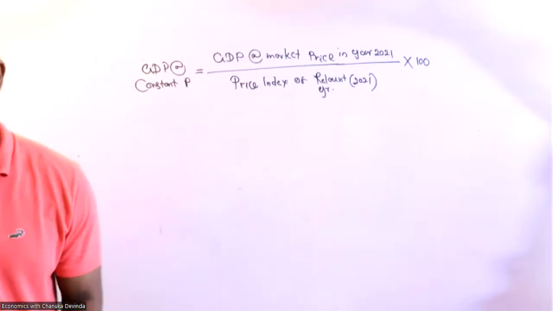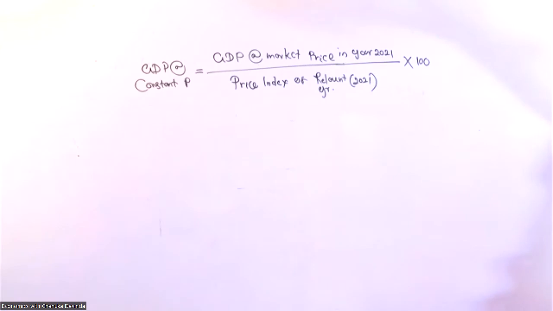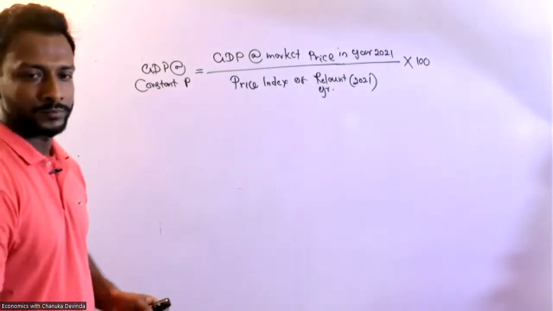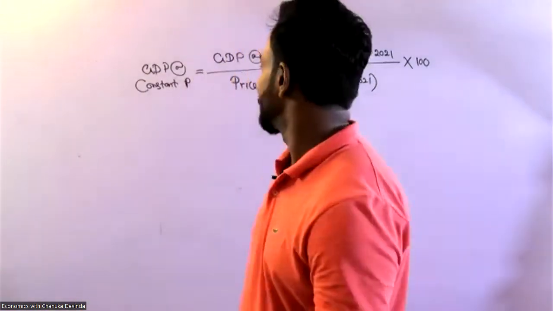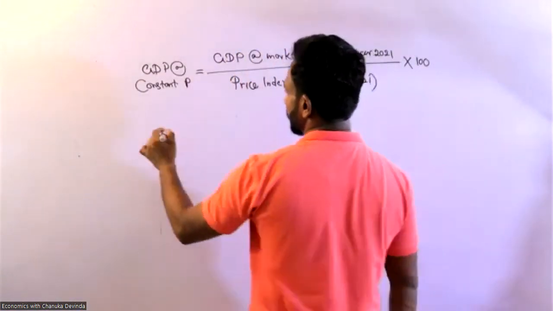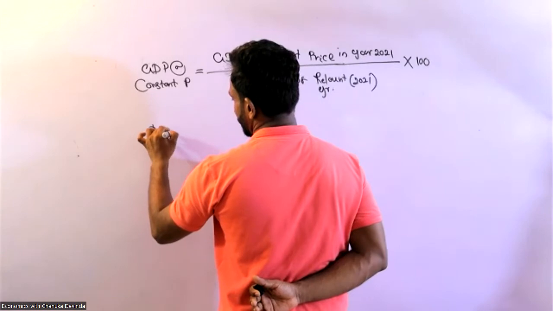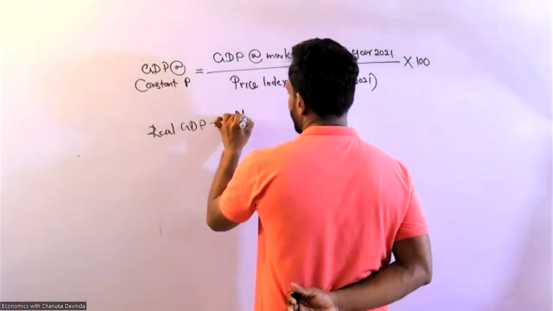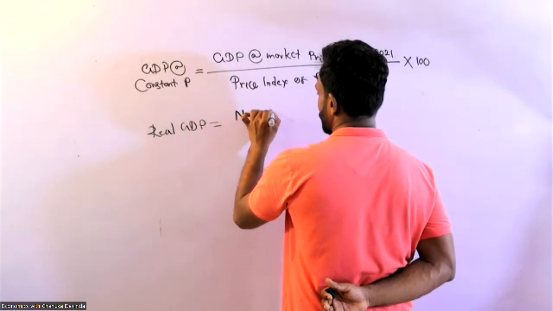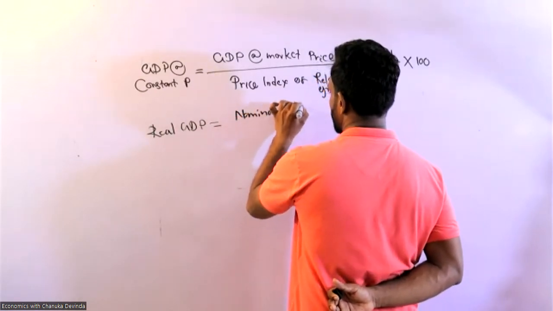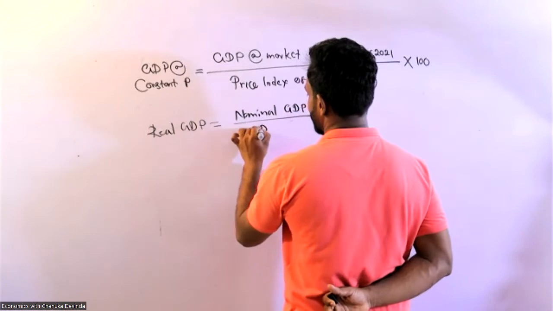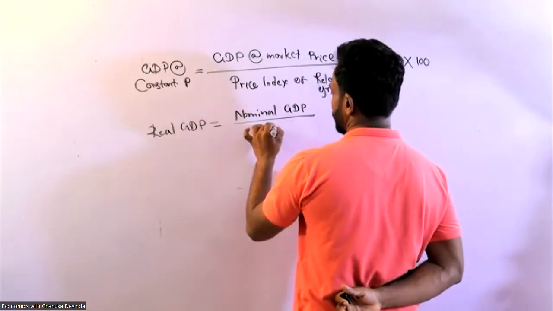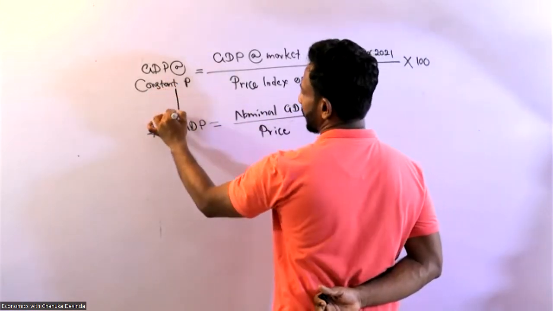I think the same works. Real GDP can also be calculated. Real GDP equals nominal GDP divided by price index, multiplied by the constant base year price. Real GDP is GDP at constant price.